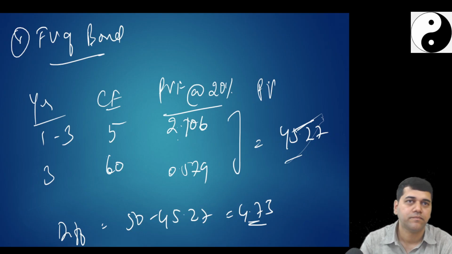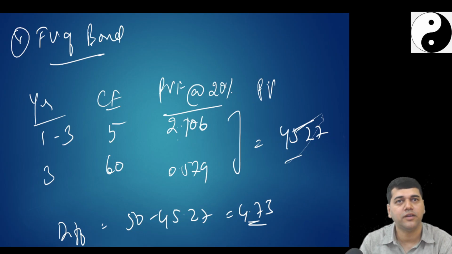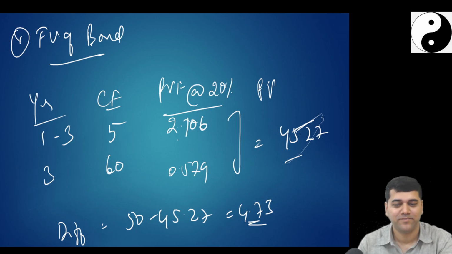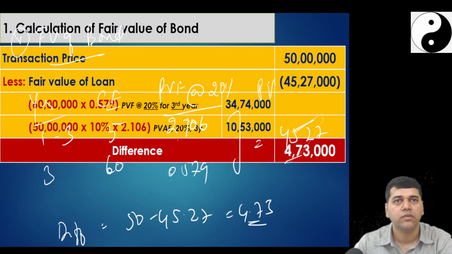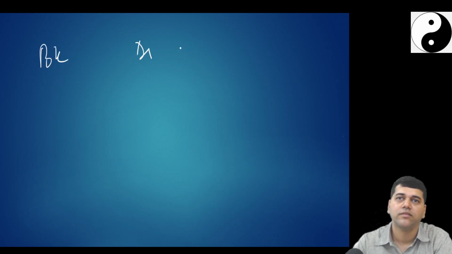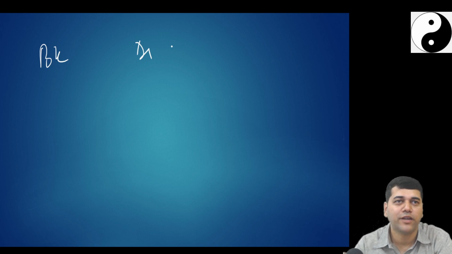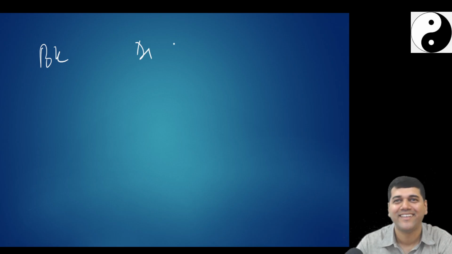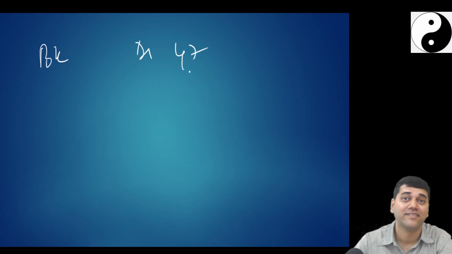Done? Yes, Vishnu Priya, clear? Next, what should I do? Pass the journal entry. What is my journal entry? Bank account debit, how much? 47.